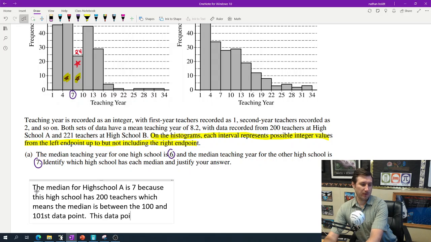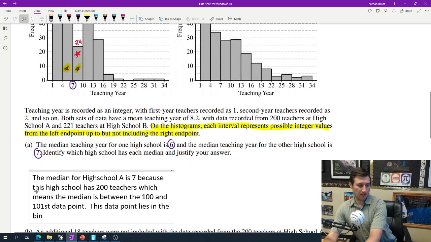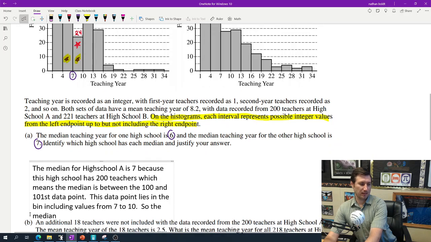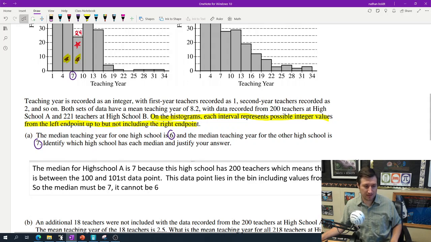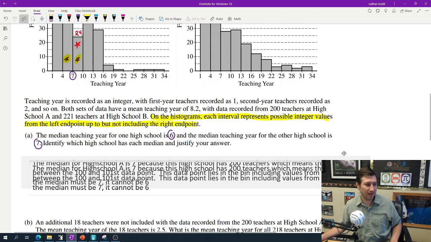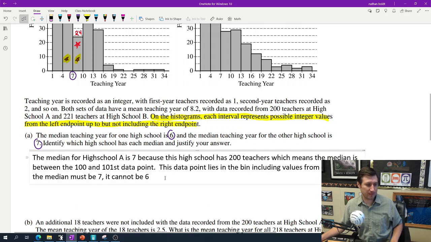This data point lies in the bin including values from 7 to 10. So the median must be 7. It cannot be 6. All right, again, we only know that because they told us one of them was 7 and one of them was 6.